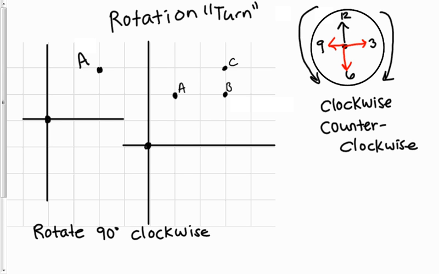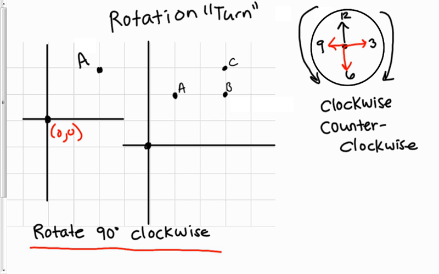clock. So we're going to use the same idea about the hands on a clock to help us move our points. So let's look at this first point. I'm wanting to rotate point A 90 degrees clockwise. So my point of rotation is the origin 0, 0.